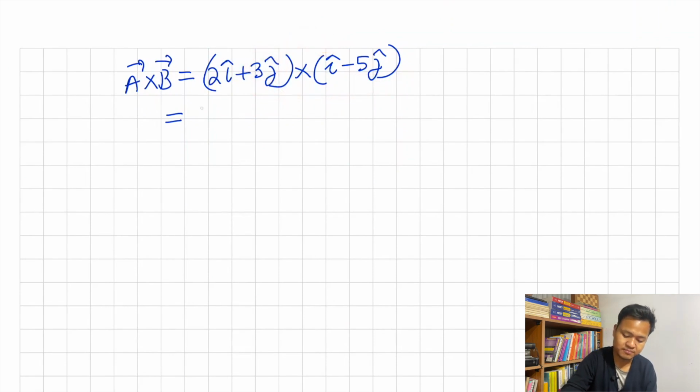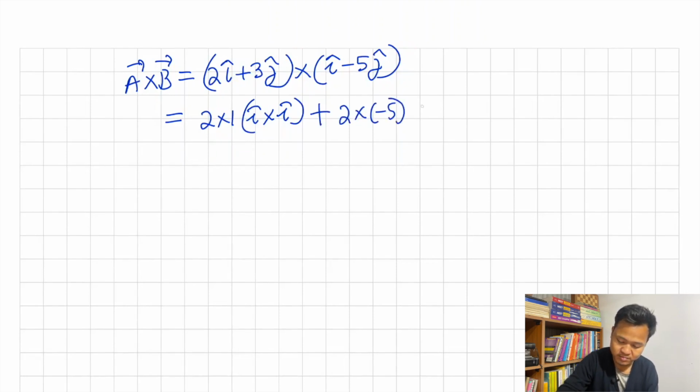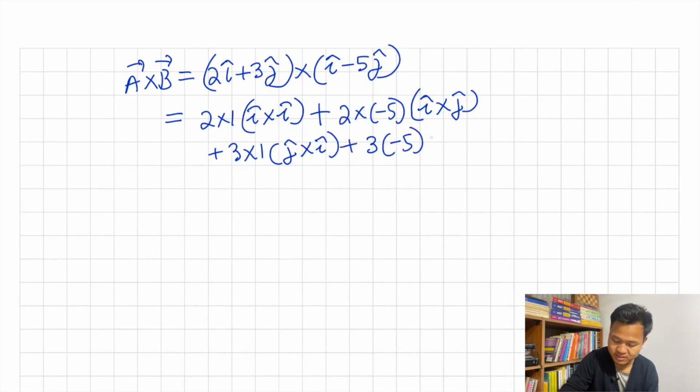The long form: 2 into 1, i cap cross i cap, plus 2 into minus 5, i cross j, plus 3 into 1, j cross i, plus 3 into minus 5, j cross j.